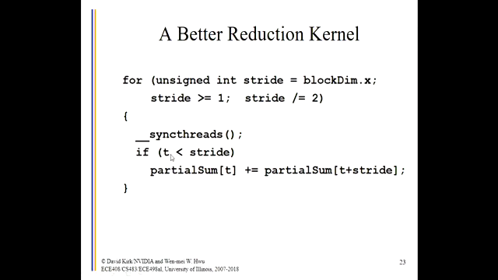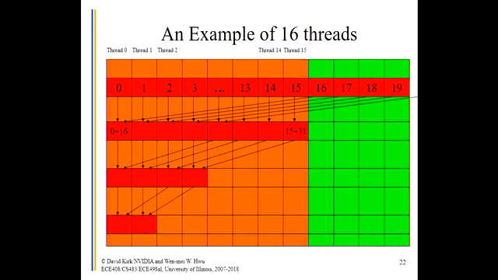And then here, when we test whether the thread should participate, we take the thread index. We no longer do that modular thing. We see if the thread index is less than stride, because we're using the first so many threads in the thread block to do that addition. In the first step, every thread will be active.